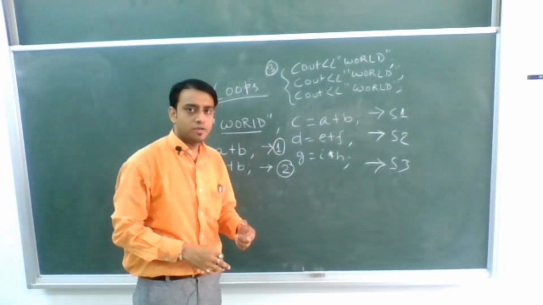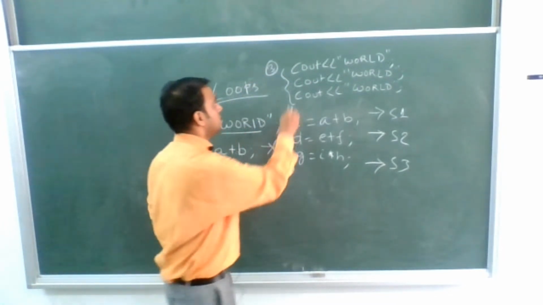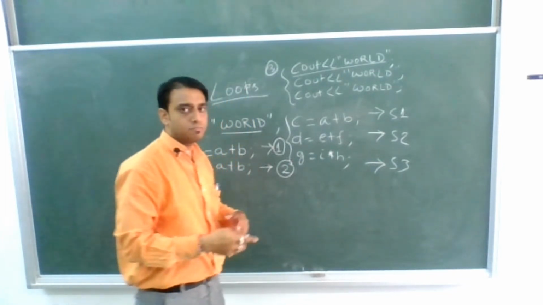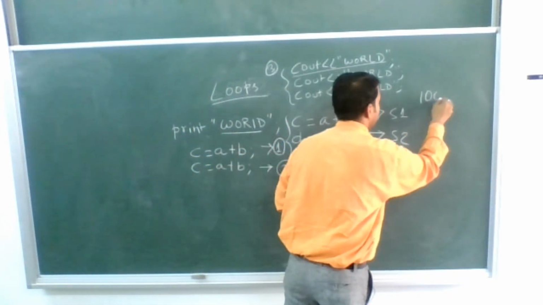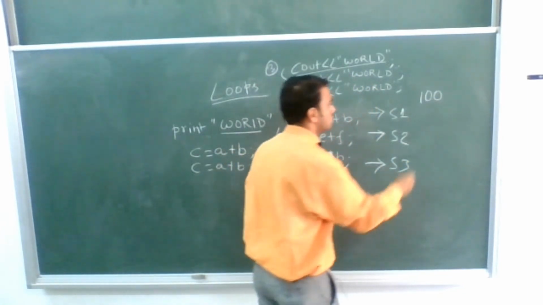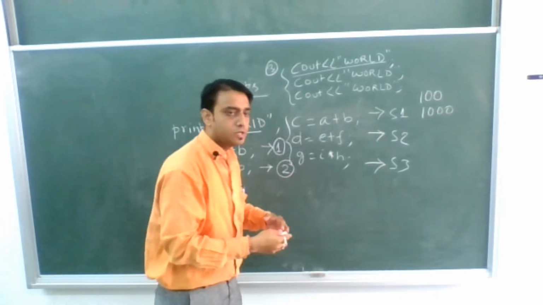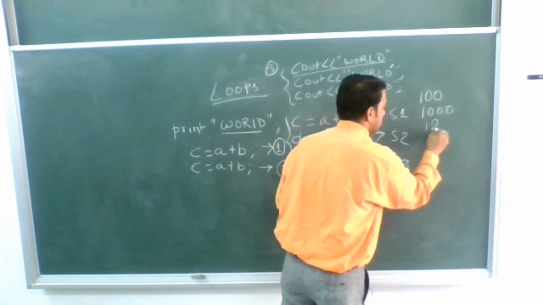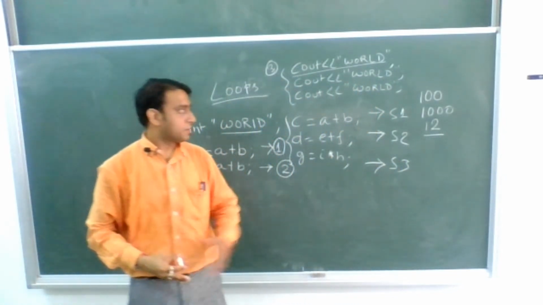Now what if I require to run this particular line or this chunk of code, that is my block of statements, more than 100 times, or more than 1000 times, or let us suppose I want to compute some arithmetic computation which requires at least 12 executions?